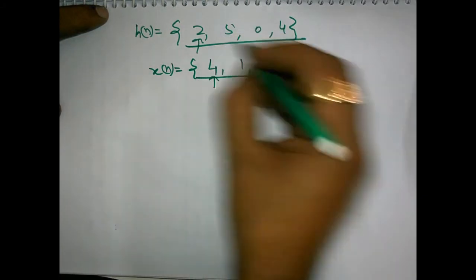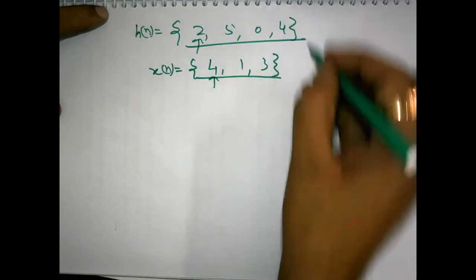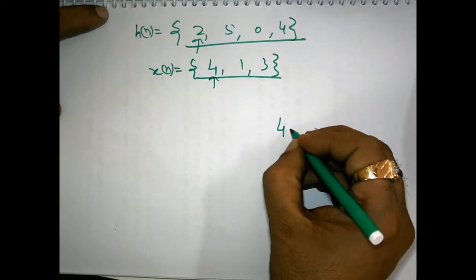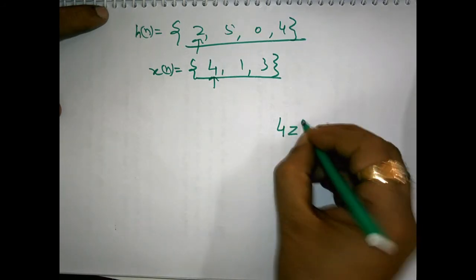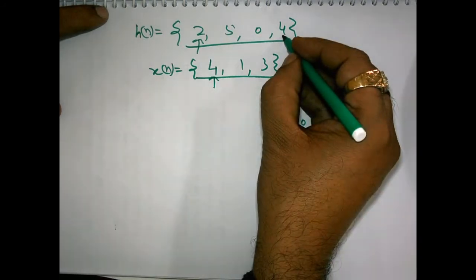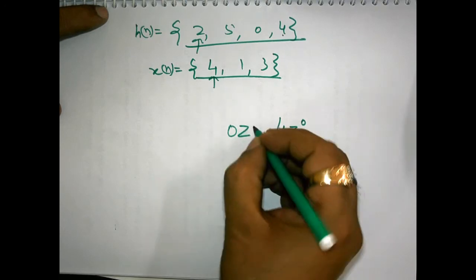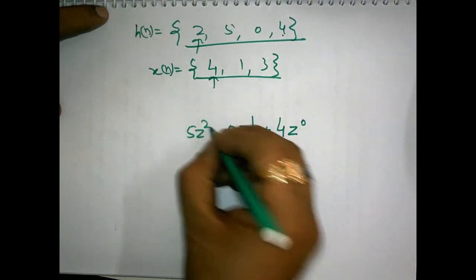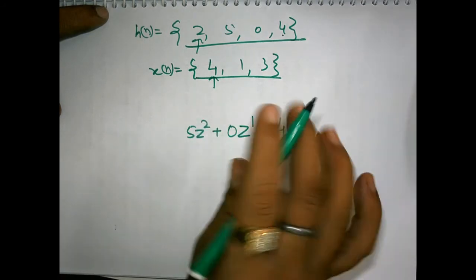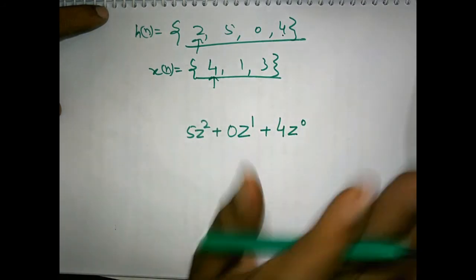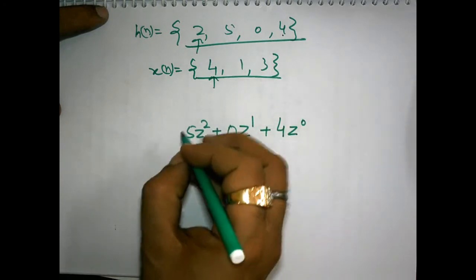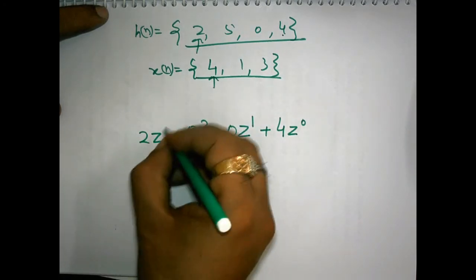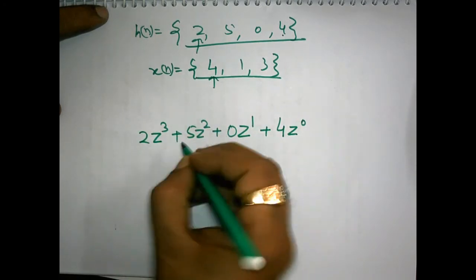Okay, assuming this to be say writing this way, 4 z to the power 0, starting from z to the power 0, then 0 z to the power 1, then 5 z to the power 2. It will be more clear to you when you will study your z transform. Then 2 z to the power 3.